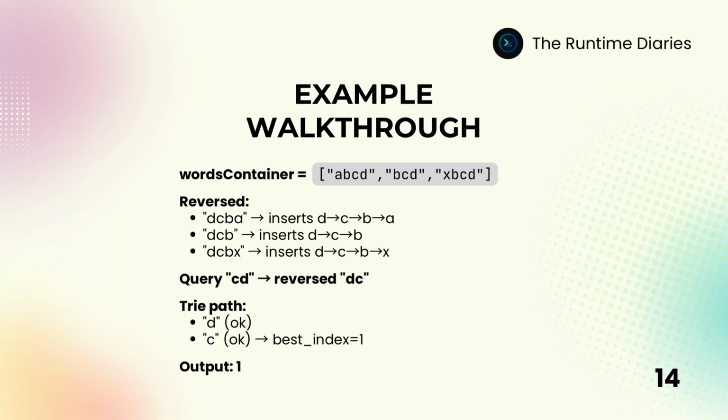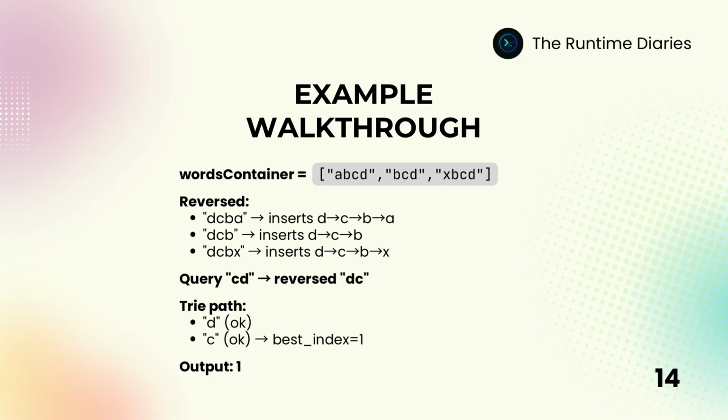Let's walk through a concrete example. wordsContainer equals, from left to right in the array, ABCD, BCD, XBCD. After reversing, we get DCBA, DCB, and DCBX.